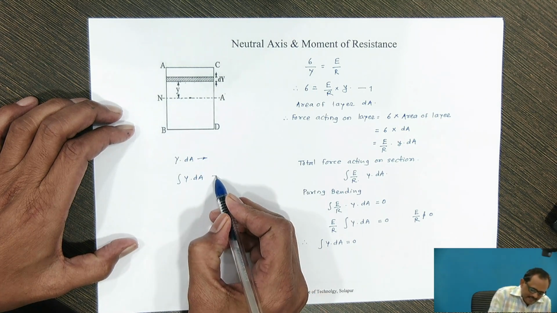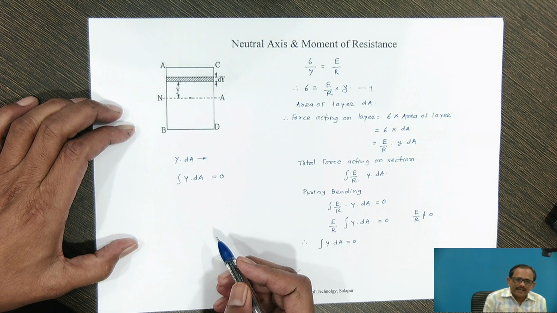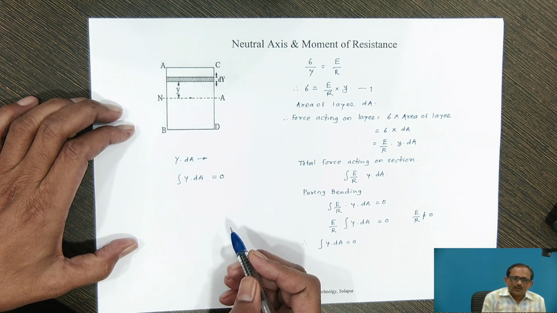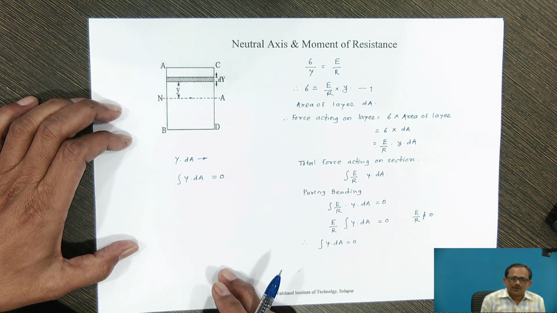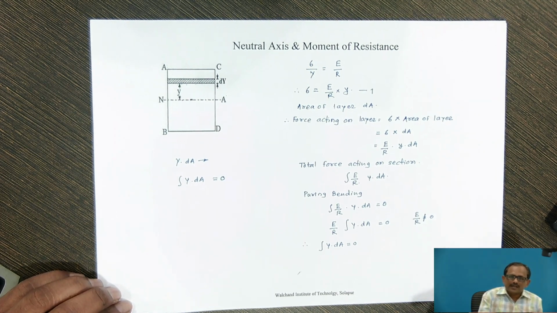And if that is equal to 0, then we know the moment of any area, or moment of the entire area, about an axis passing through its CG is equal to 0, and therefore we can say that the centroidal axis of the given section represents the position of the neutral axis, or the neutral axis coincides with the centroidal axis of the given section of the beam. So this is about the neutral axis.